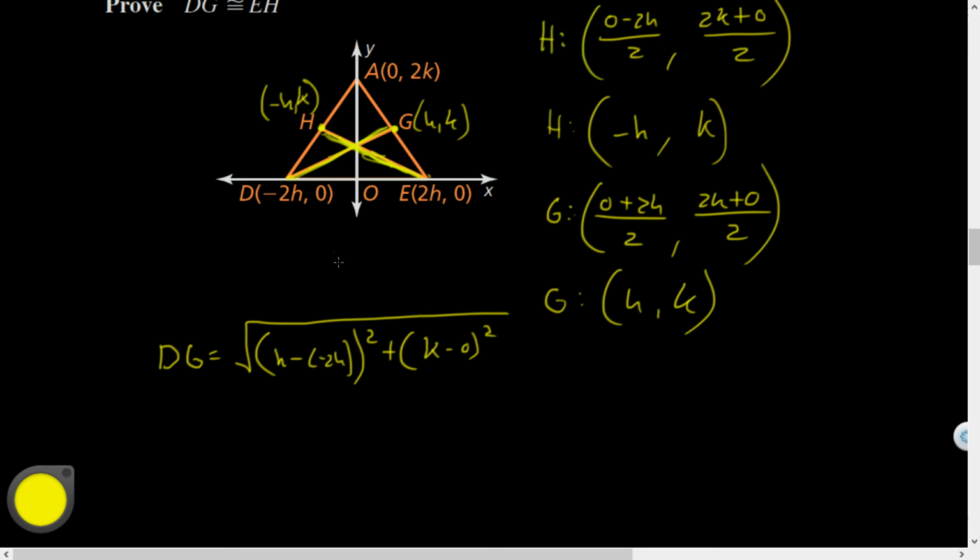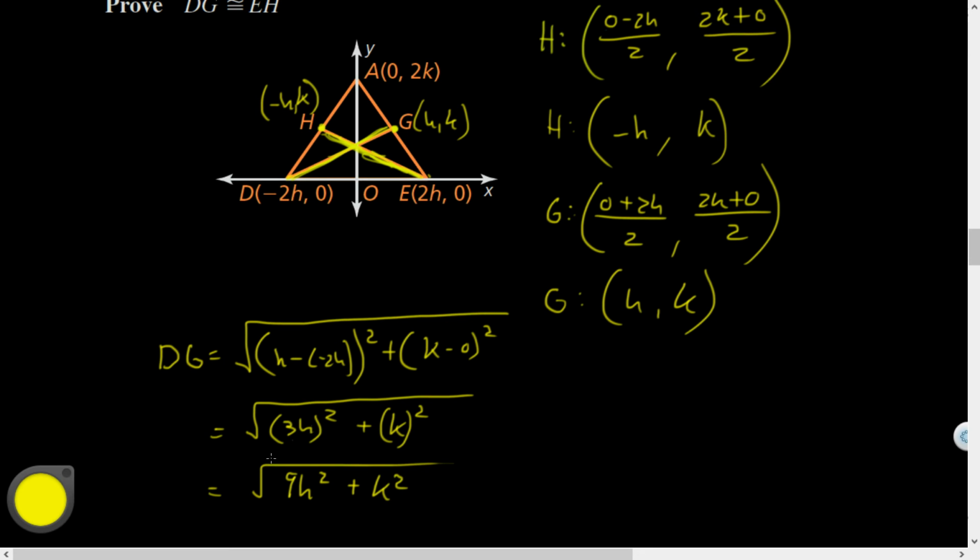That's just by distance formula. So let's see, h minus negative 2h, well that's 3h, friends. And k minus 0 squared is just going to be k squared. I can distribute an exponent over multiplication, so this is 9h squared plus k squared, all under the radical.